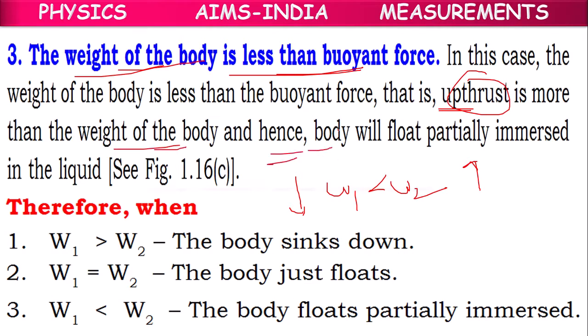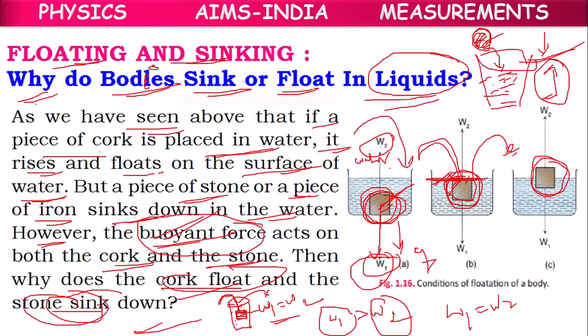Hence, the body will float partially immersed in the liquid. In the first two cases it is completely immersed, but here only some amount of the body will go into the water. The remaining amount of the body will float above the surface of the water. In what condition? If W1 is less than W2.